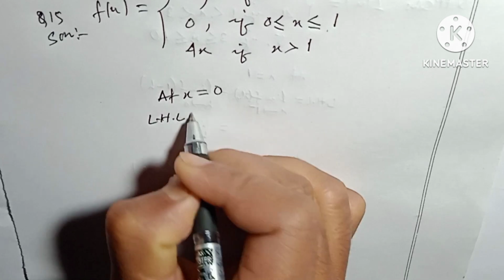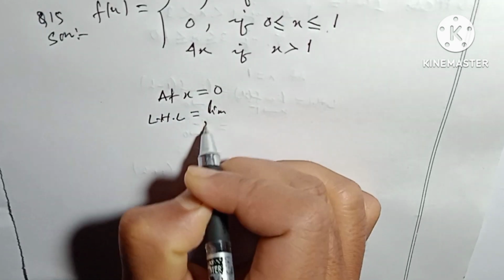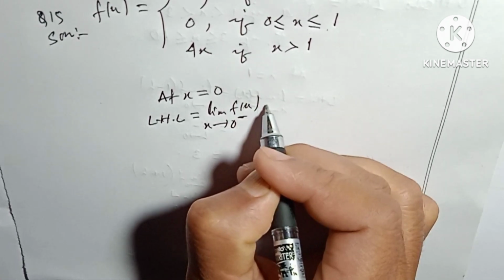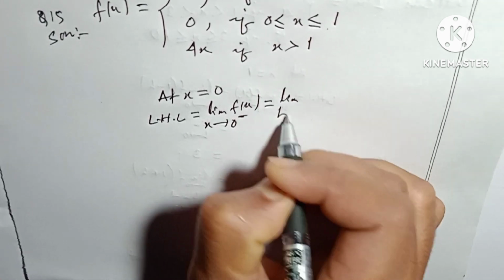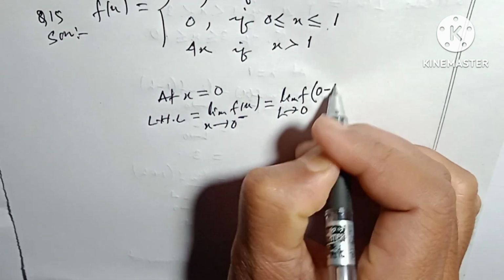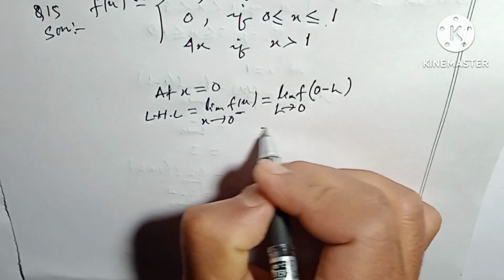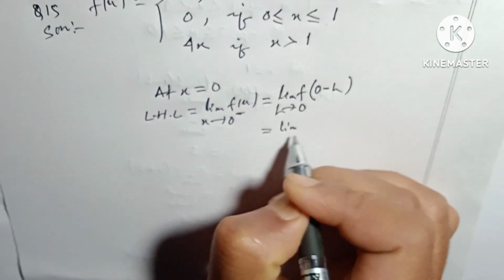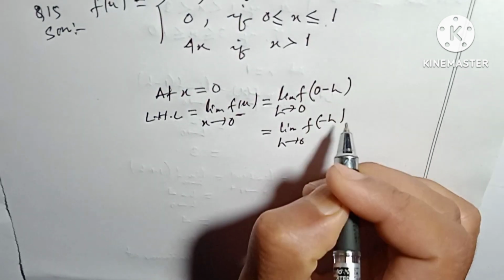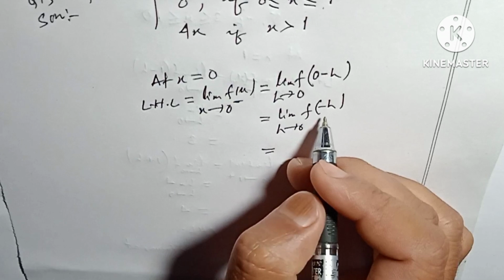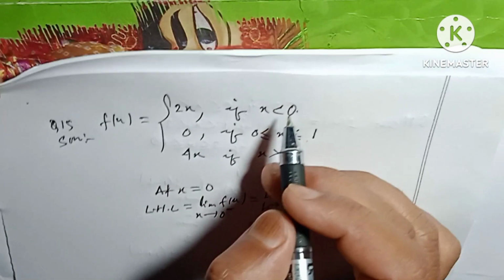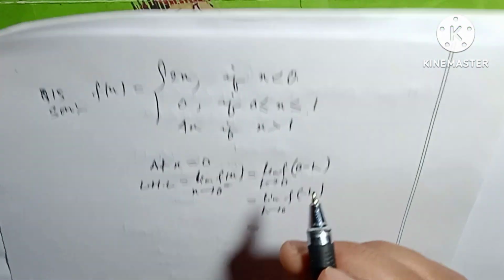Left hand limit equals limit as x approaches 0 from the left side of f(x), which equals limit as h approaches 0 of f(0 minus h). For x less than 0, f(x) equals 2x.